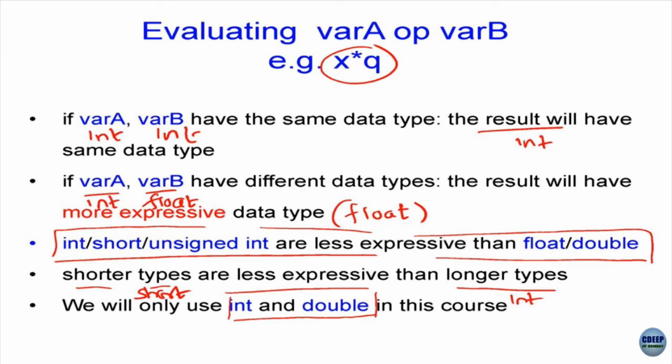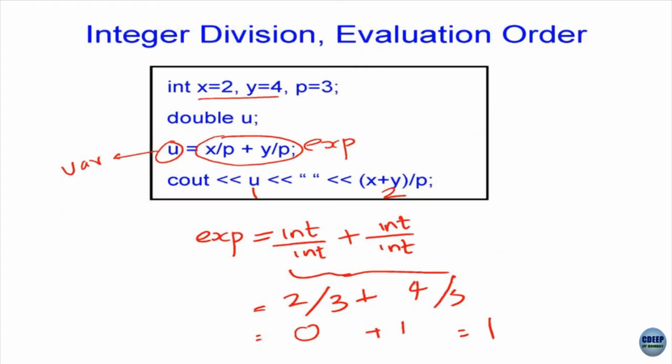In general, shorter types, for example a short, are less expressive than an int, or a float is less expressive than a double. In this course we largely make use of int and double.